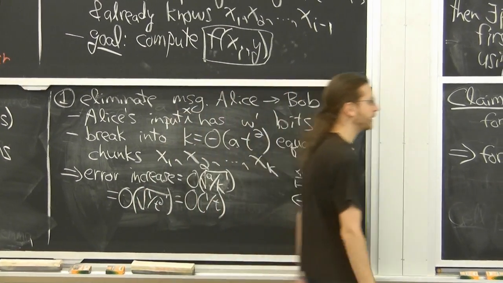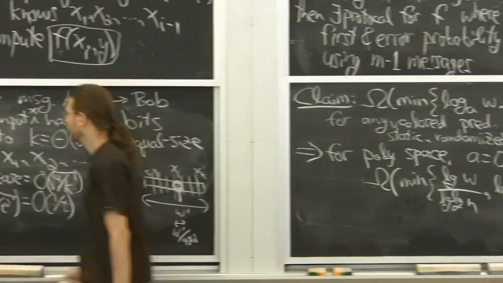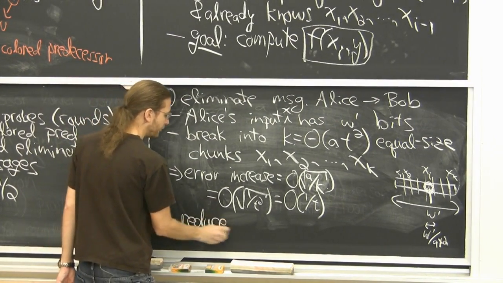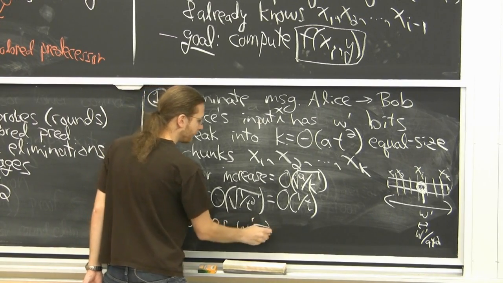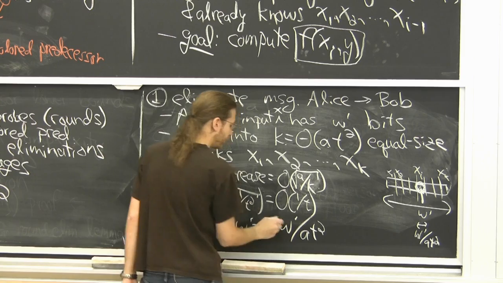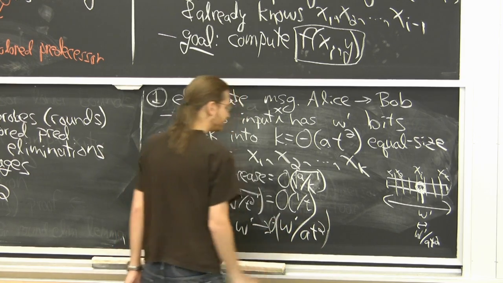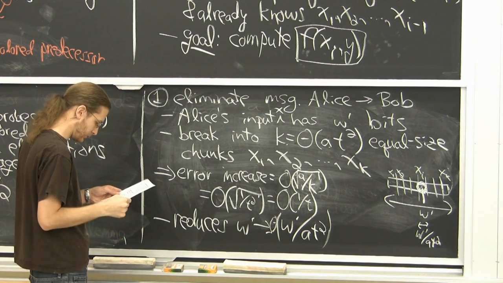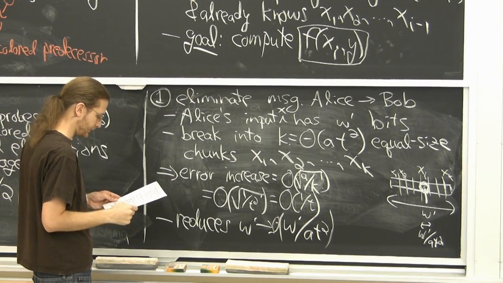So this round elimination reduces w prime to w prime divided by theta of a t squared. I think that's all I need to say at this point.